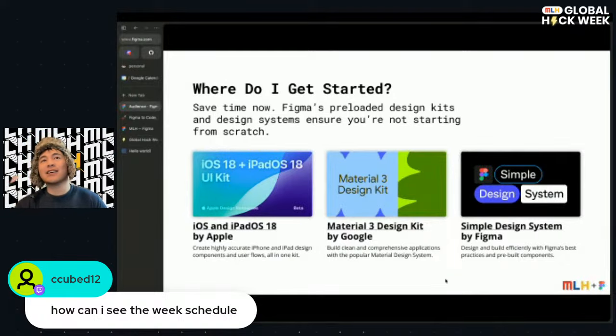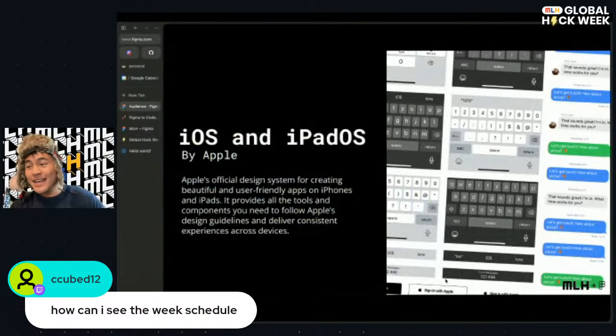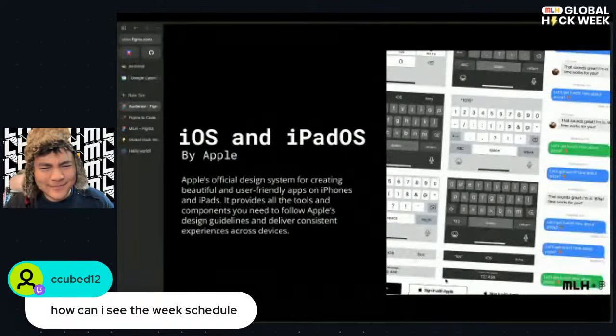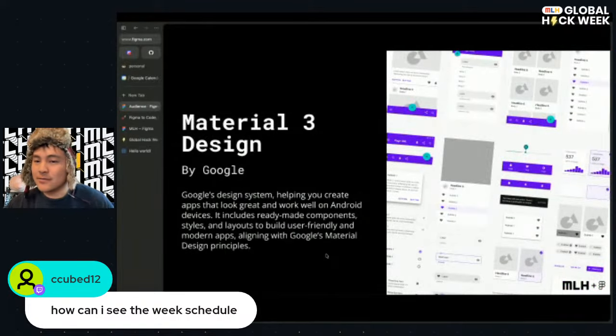So instead of having to build everything from scratch, you can just reuse existing libraries. It's just like programming libraries, except it's design libraries. So if you want to have access to all of the Apple components, like all of their keyboards and the messages and buttons and sign in buttons, you can do this. Just import that. Same with Google.